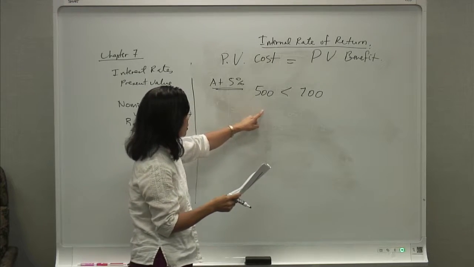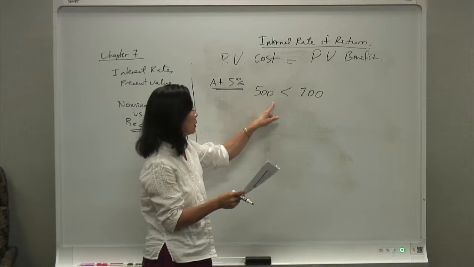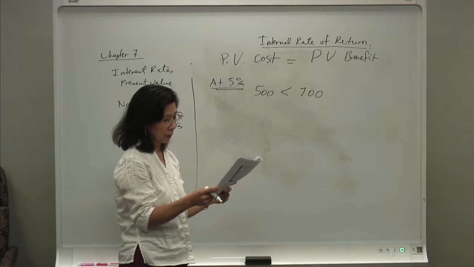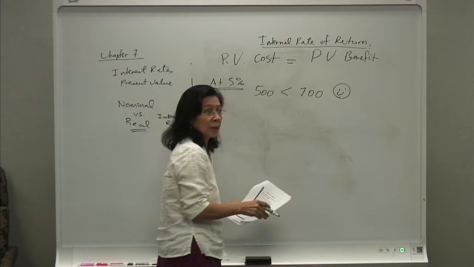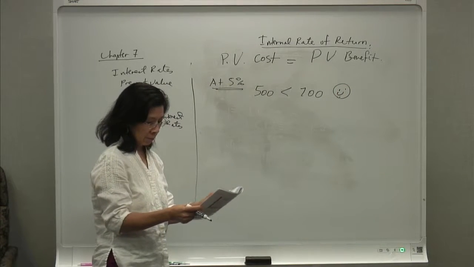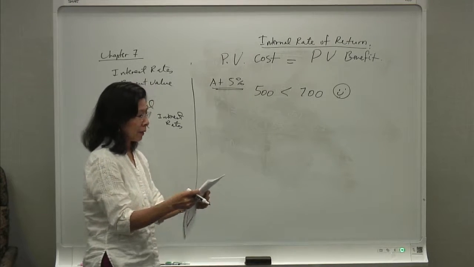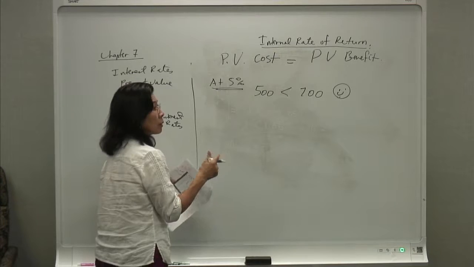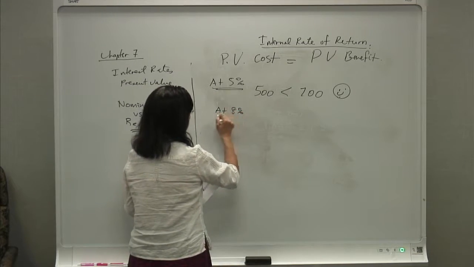As you can see, the benefit, this is your present value of the benefit, is greater than your present value of the cost. So I'm going to put a smiling face here, so that's nice, that's good. So we say yes. And then we say, how about we look at 2 other interest rates? How about if we look at 8%?